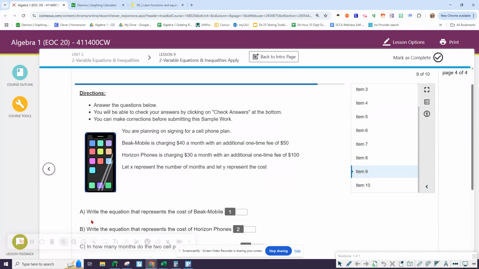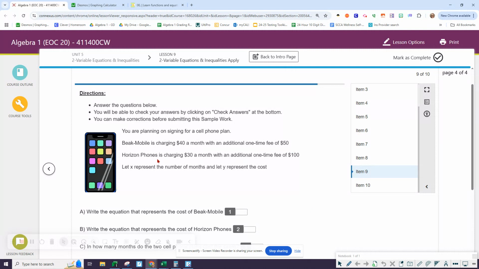So write the equation that represents the cost of Beak Mobile. You are planning on signing a cell phone plan. Beak Mobile charges $40 per month with an additional one-time fee of $50. So I assume that you wrote y equals 40x plus 50.